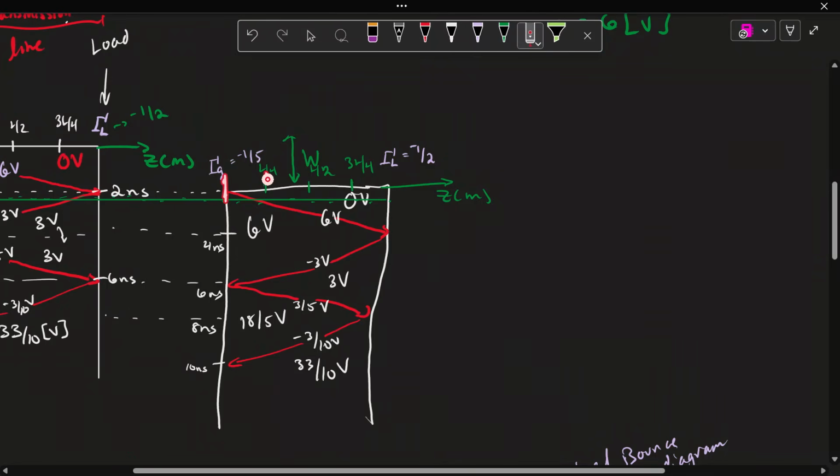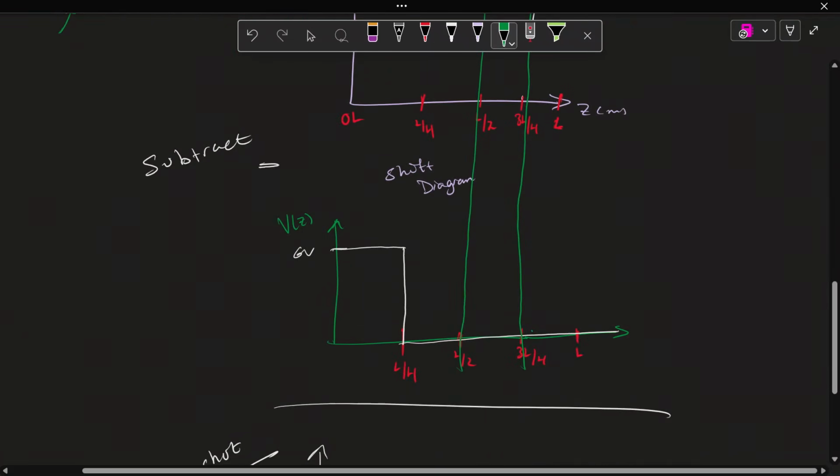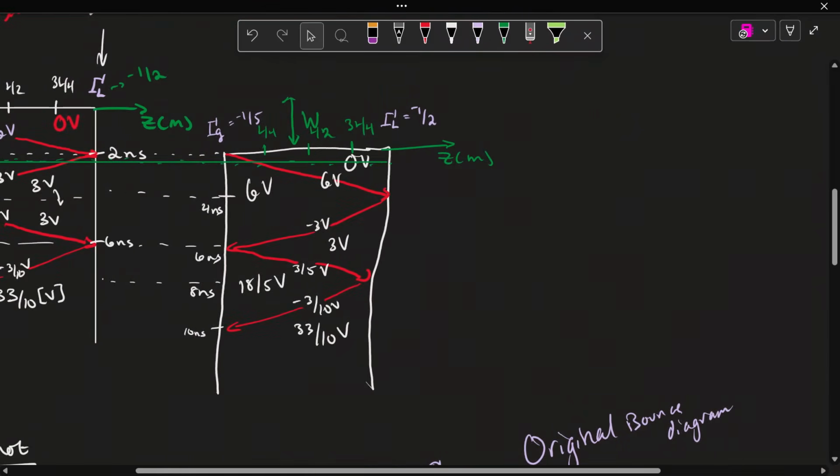From 0 to L over 4, because this is what we have here at 6 volts, the arrow that accompanies this 6 volts will be the one going right. So we have right. Now afterwards, after it goes to this new 6 volts, it doesn't have any direction, really.